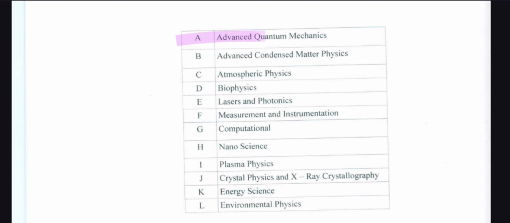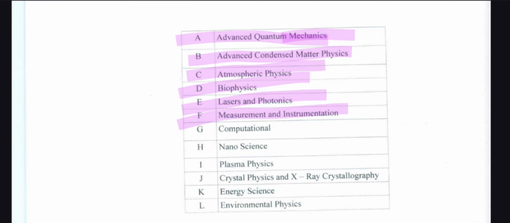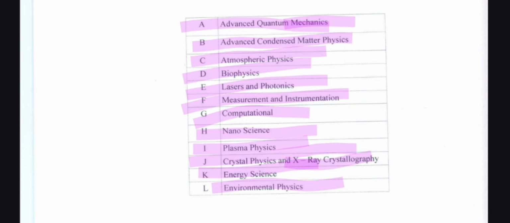So here you see: A, advanced quantum mechanics; B, advanced condensed matter physics; C, atmosphere physics; D, biophysics; E, laser and photonics; F, measurement and instrumentation; G, computational; H, nano science; I, plasma physics; J, crystal physics and X-ray crystallography; K, energy science; L, environment science. So I will discuss the papers one by one. So wait and watch.